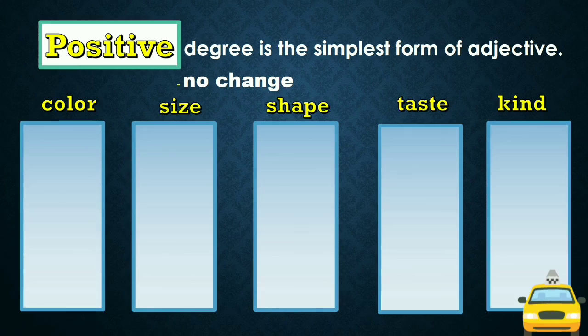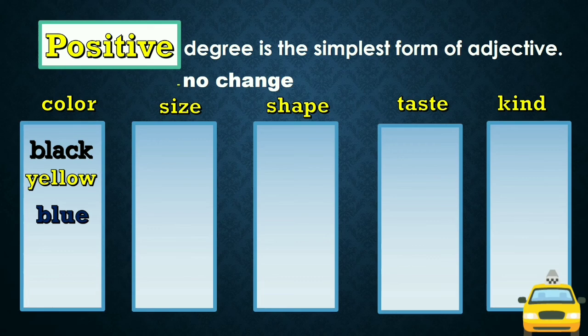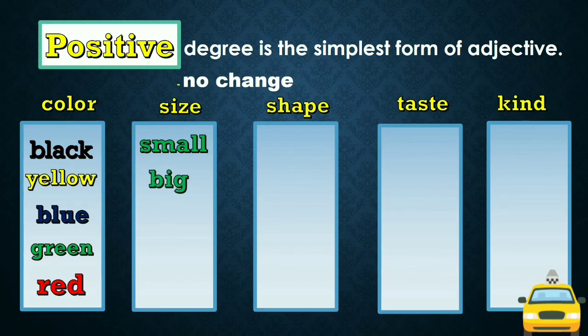Let's go back to color. What are the colors? Black, yellow, blue, green, and red. So those are the adjectives of color. Size: small, big, large, little, and short.